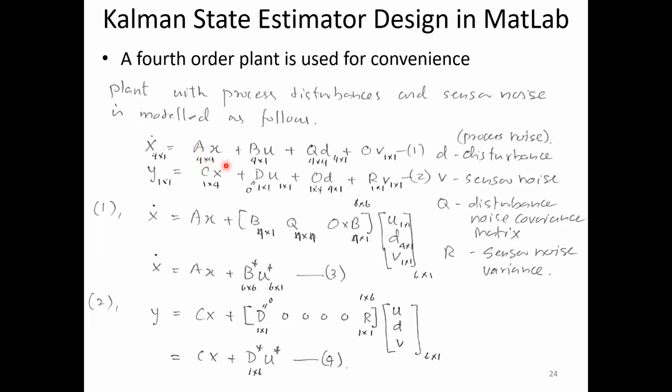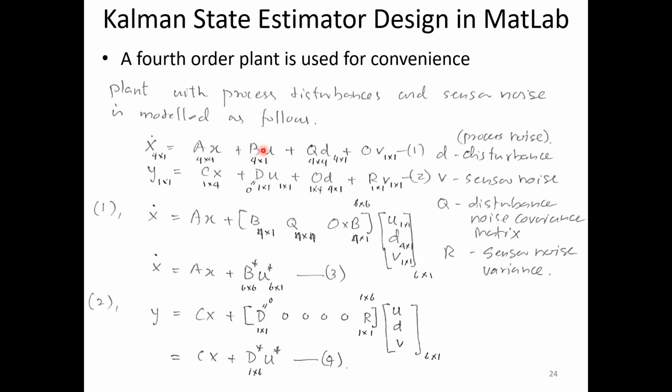You multiply 4 by 4 with 4 by 1 and eventually get 4 by 1. So all of the terms here need to be 4 by 1, because you are adding them together. This is the transition of the state variable from k to k plus 1, but here it is continuous time, so we have only the rate of change. We don't have k and k plus 1.